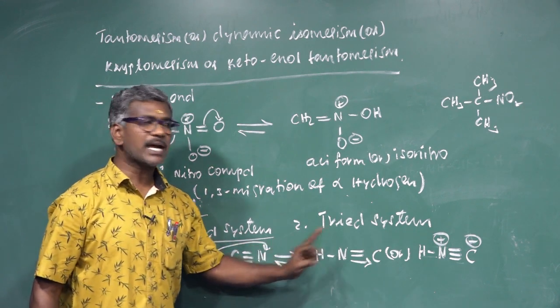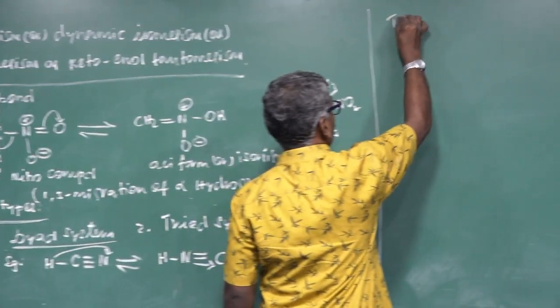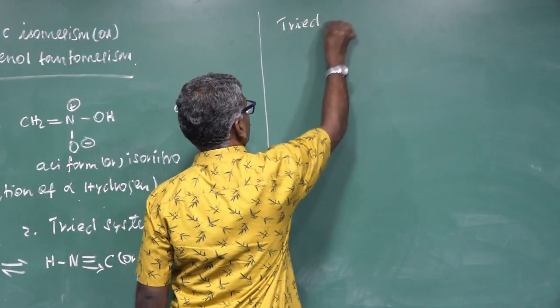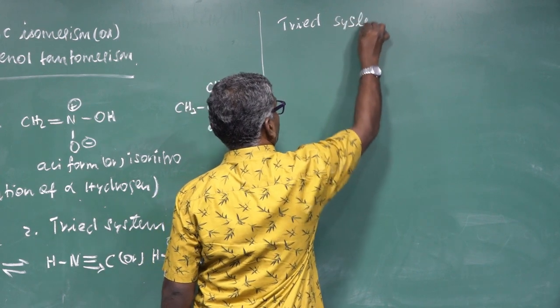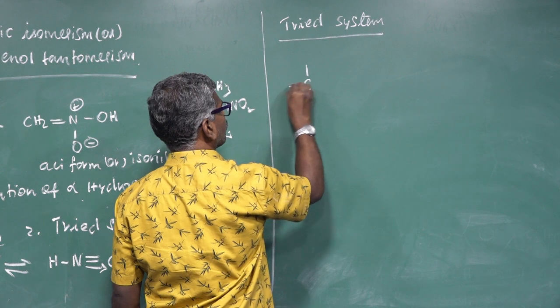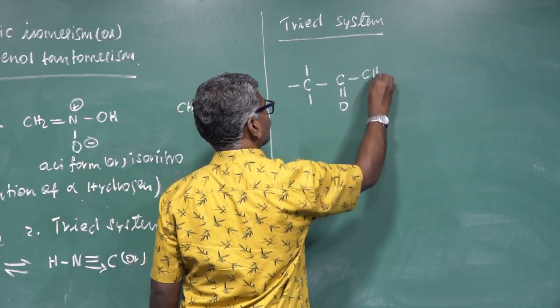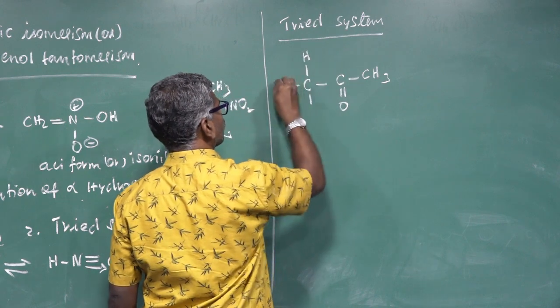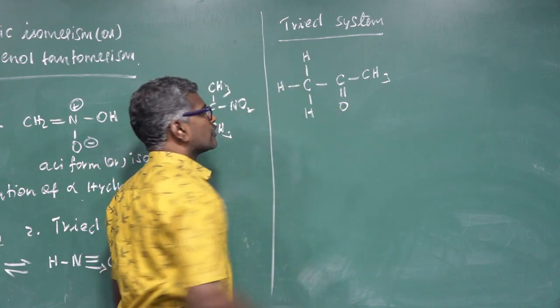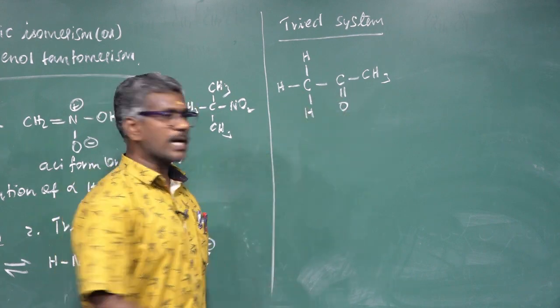Another one, the triad system. This is the best example, dimethyl ketone or acetone.